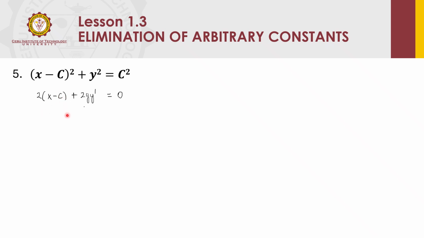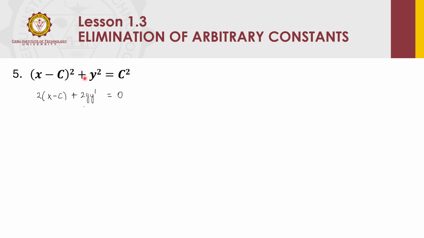What we can do is to substitute x minus c into the first equation, and also solve for c from this equation and then plug into this first equation. We cannot solve for x minus c here because we need to get the square root of this term to get x minus c, and then substitute it here, so it should be the other way around.